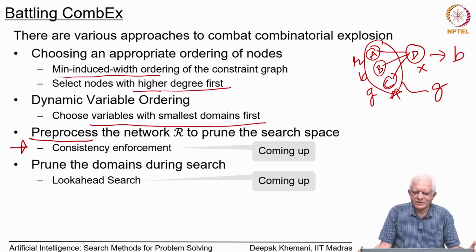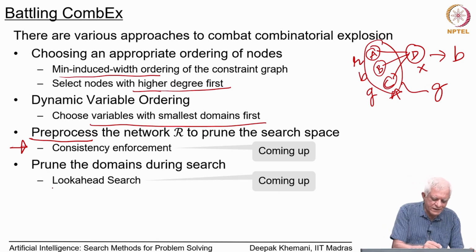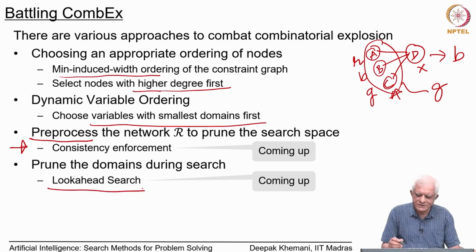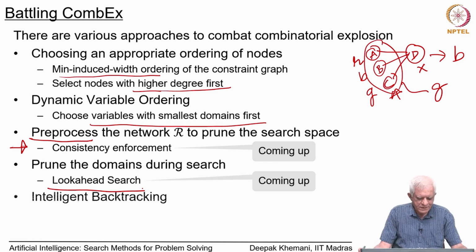If you were to study constraint processing in a little bit more detail, you will realize that this pre-processing sometimes does extra work. So, people have said that instead of pre-processing the network, why do not you do this consistency enforcement while you are searching, and in fact, that is the next method that we will look at, and these methods are called look ahead search. So, these two things we will study in this course here.